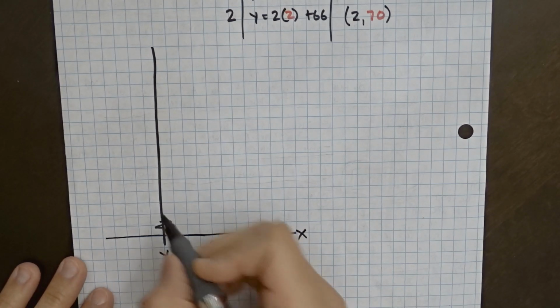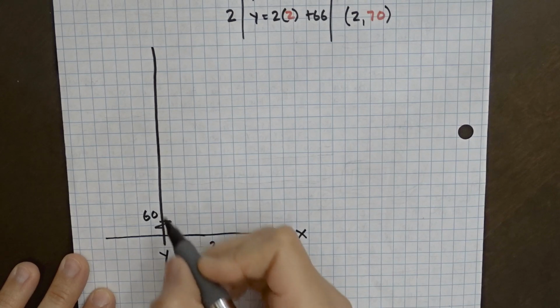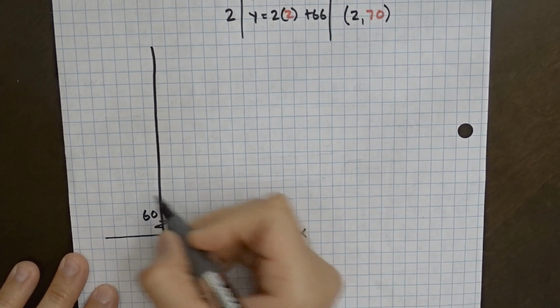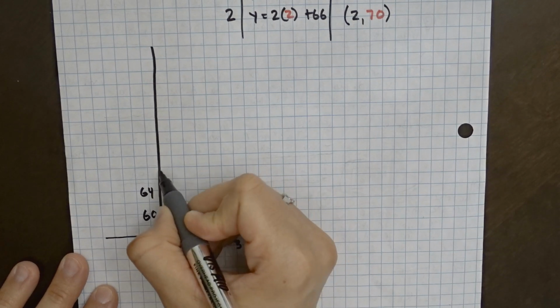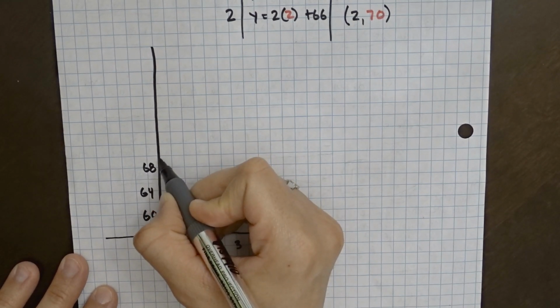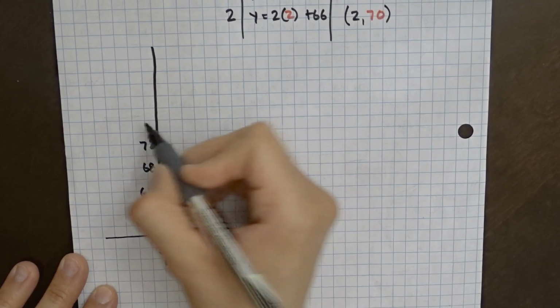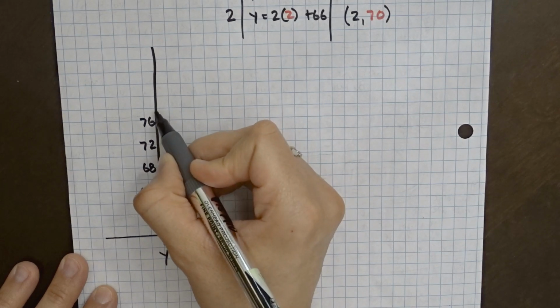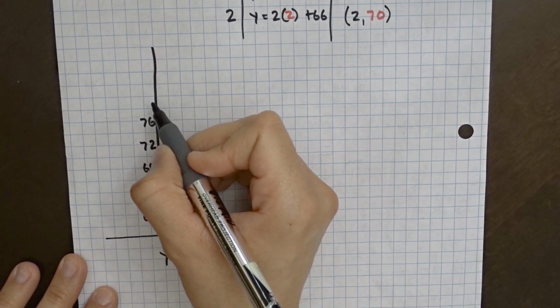So let's jump to 60, and then we'll count by twos: 60, 62, 64, 66, this would be 68, this would be 70, and this would be 72, 74, 76, and 78.